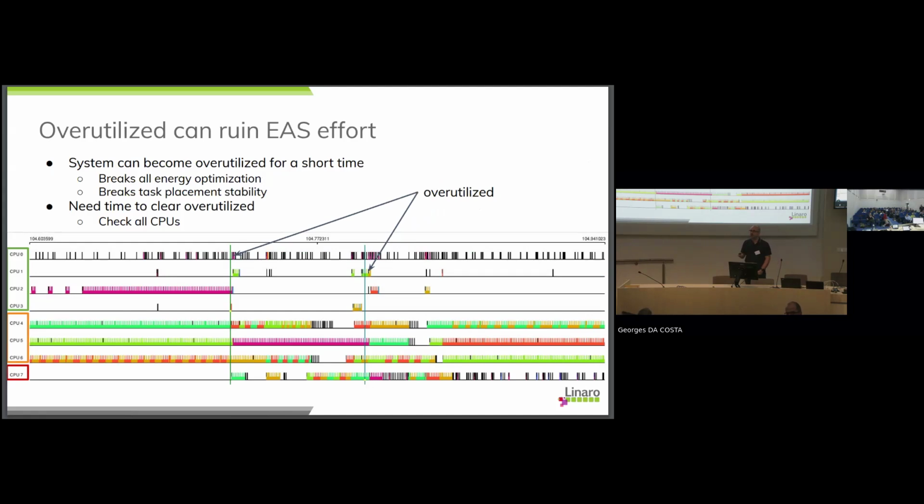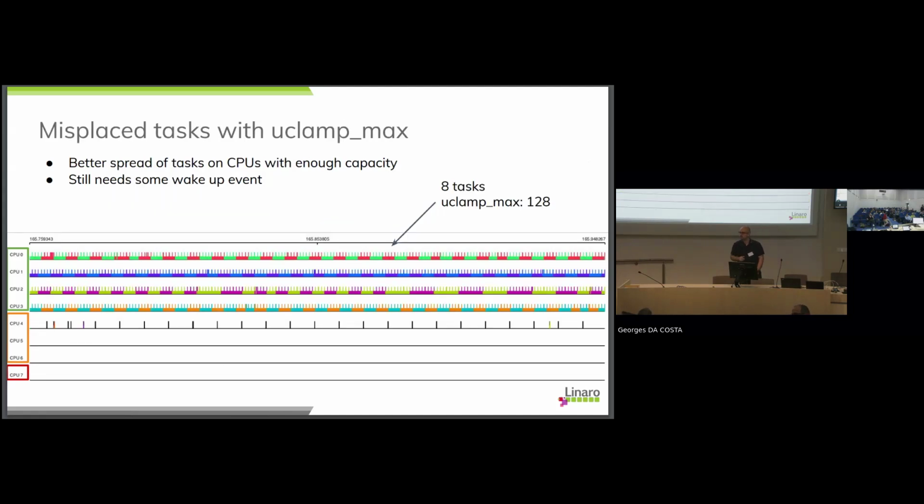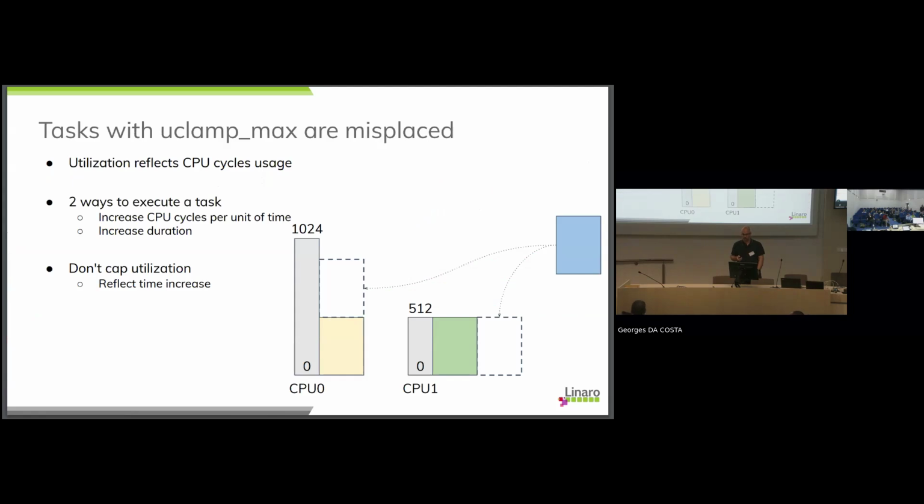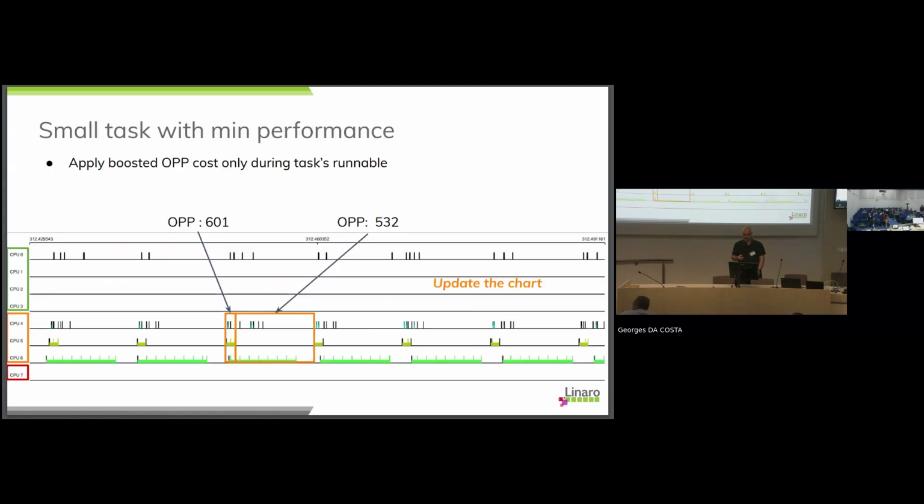Sorry, I have a remark, but it's related more to the first point you had with the uclamp min. You said that when you try to place a uclamp min task, you're going to more accurately compute the energy cost, because you're going to raise the frequency for a short amount of time, then go back to the previous frequency.